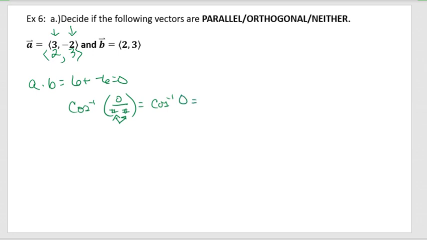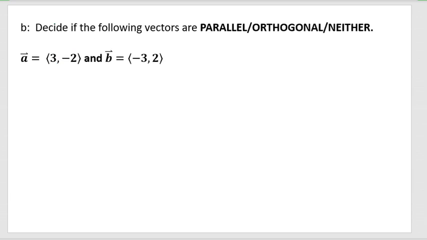So it's cosine inverse of 0, which is 90 degrees, which is orthogonal. I'm just writing ortho for short. All right, let's try another one.